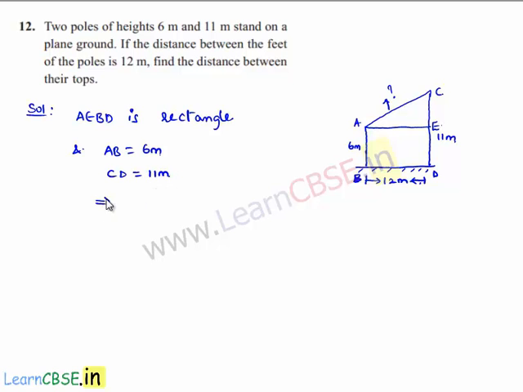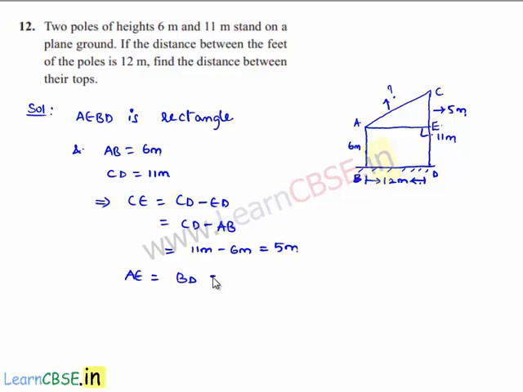Then we get CE or EC is equal to CD minus ED, which is CD minus AB, as it is a rectangle, that is equal to 11 meters minus 6 meters. So finally we get CE is equal to 5 meters, and also we get AE is equal to BD, as in rectangle the lengths will be equal, which is nothing but 12 meters.